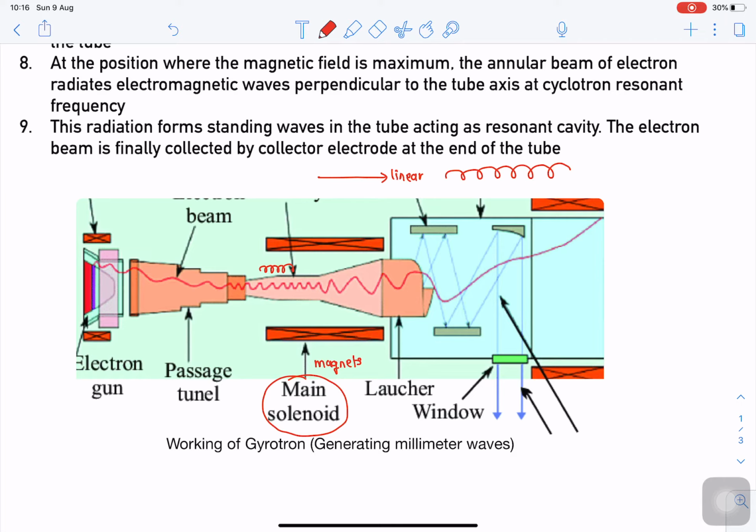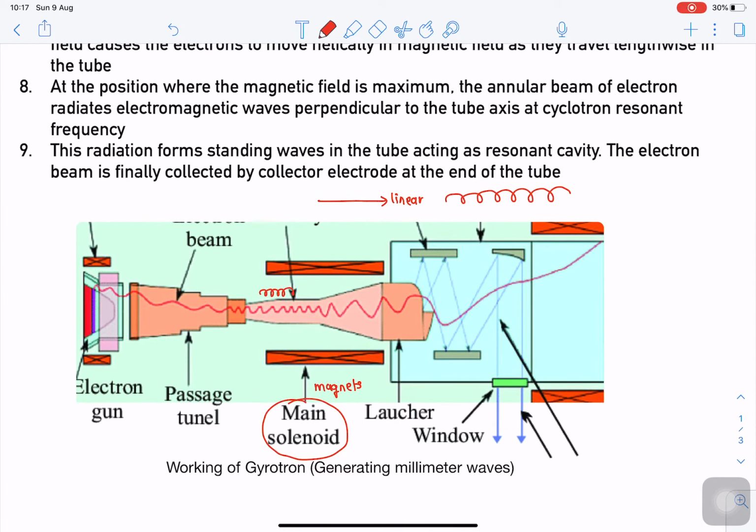So what will happen when an annular shaped electron beam interacts with a strong magnetic field? The electrons in the beam will start radiating electromagnetic waves in the direction perpendicular to the axis of the beam. These radiations take place at the cyclotron motion frequency of the electrons, which is higher than the frequency with which the electrons were originally generated. The electromagnetic emission caused by these electrons, which goes out perpendicular to the direction of the tube, is taken as an output through this window.